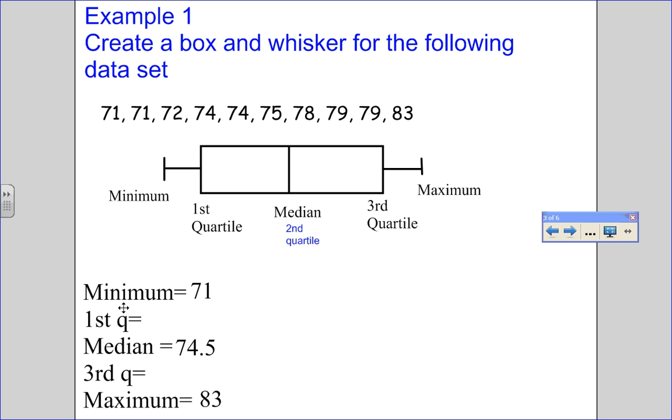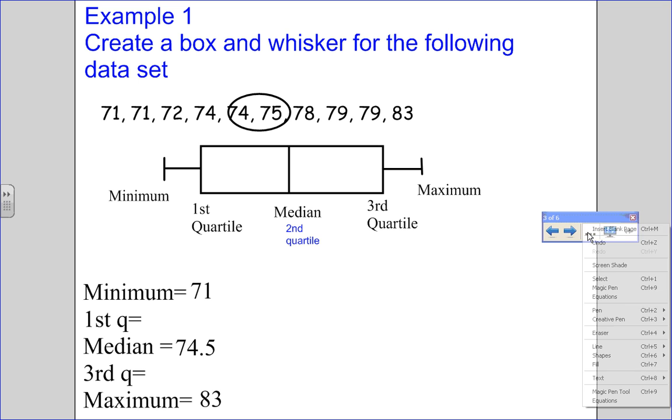Okay, the first quartile, think of it like this. The first quartile is the median of the minimum and the median. Or you could also think about it this way. The first quartile is the middle number between the minimum and the median. So what's the middle number between the minimum and the median?